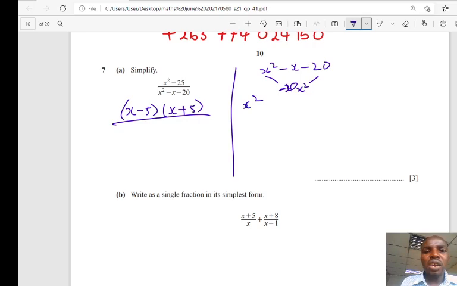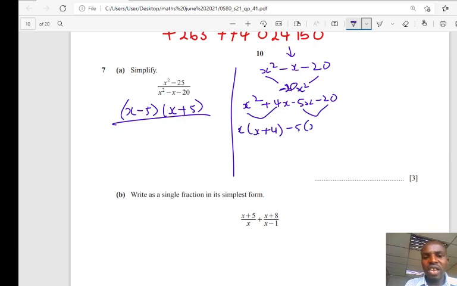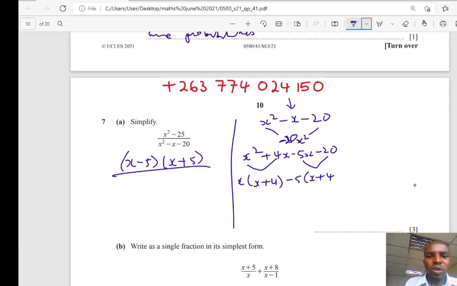Replace the middle term, which is x here, with the factors. So it's x squared minus 5x plus 4x minus 20. Then take two, this and this, and factorize. You get x plus 4 and x minus 5.